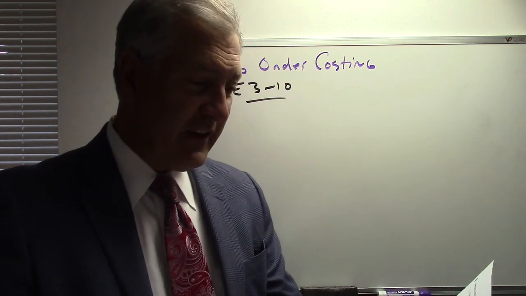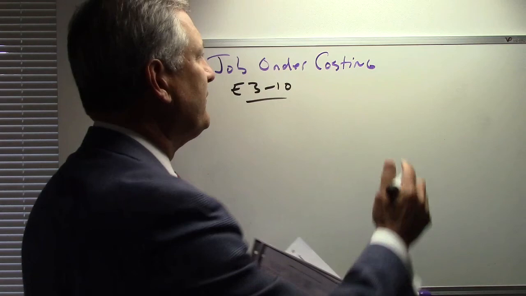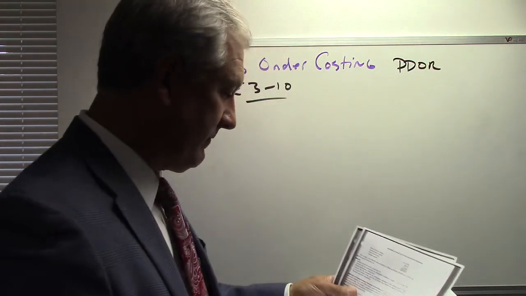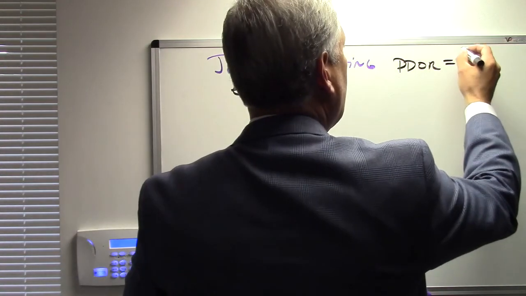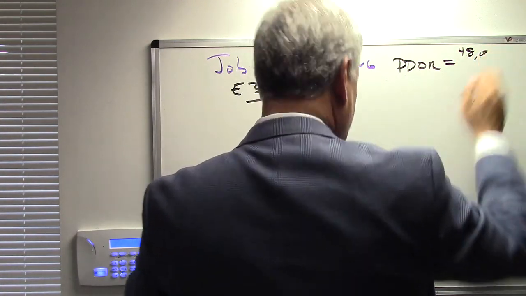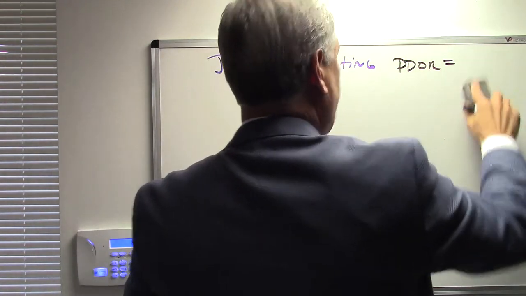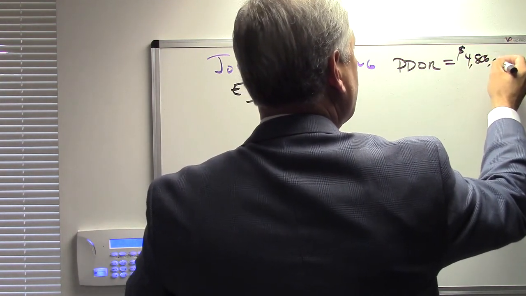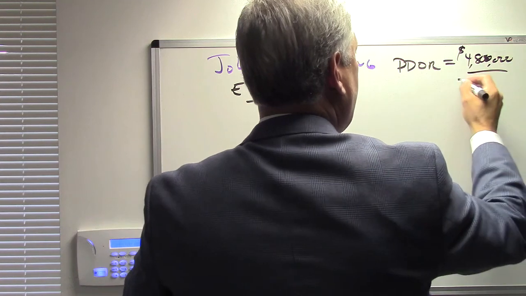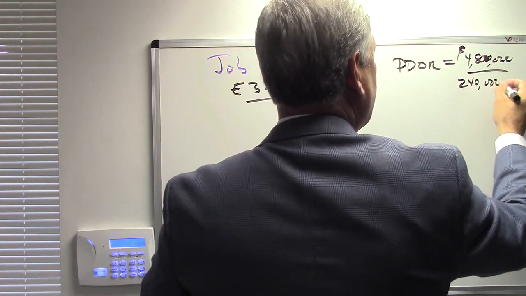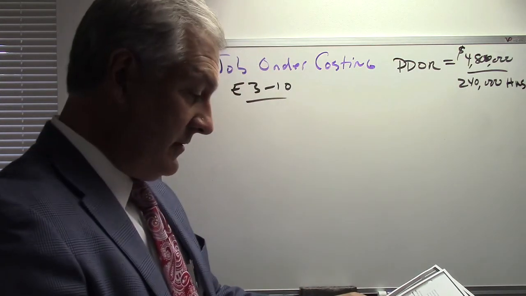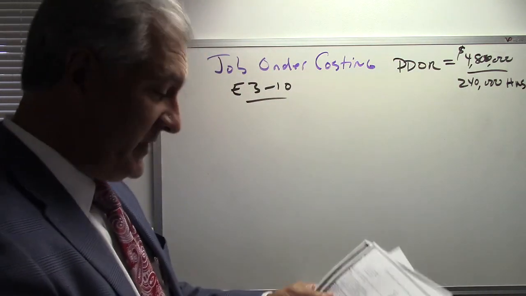So when I first see that, I say, let's first calculate the predetermined overhead rate, because they give it to us right there, which is going to be what? $4,800,000 divided by 240,000 machine hours.